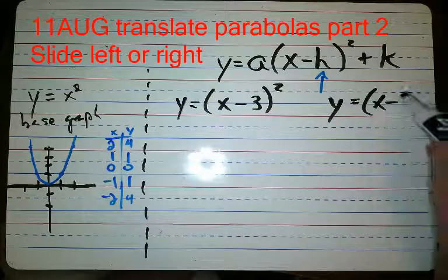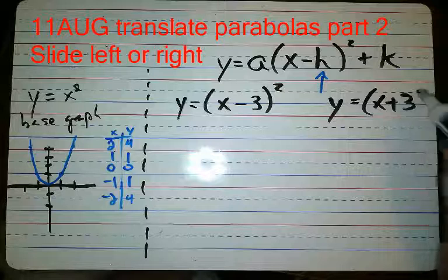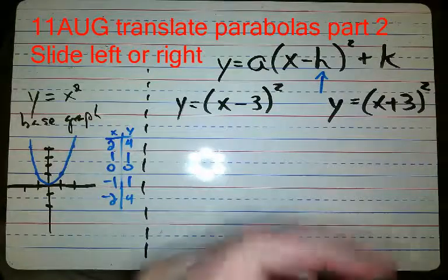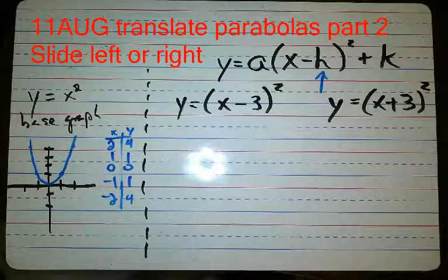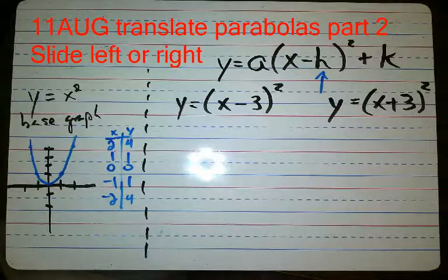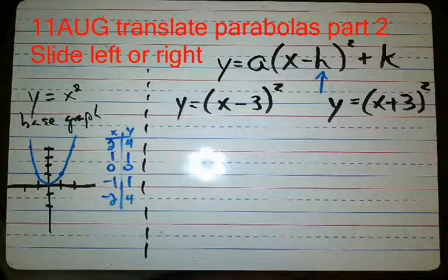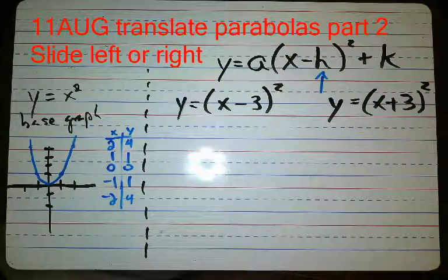I can add a number inside the parentheses, or I can subtract a number inside the parentheses. One of these moves to the left, and the other one moves to the right.